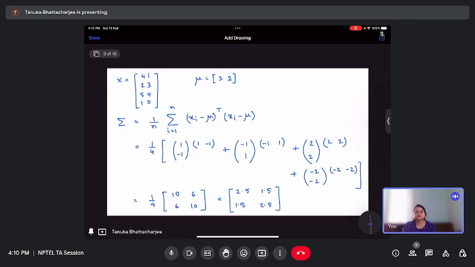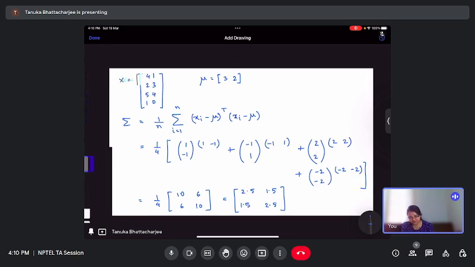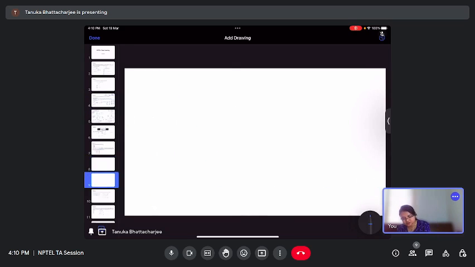Now the next step is to find the eigenvalues and eigenvectors of this covariance matrix, and the eigenvectors will actually be the principal components. So we have to find the unit vectors along those principal components. Let us first find the eigenvalues. For finding the eigenvalues, we take the determinant of the matrix 2.5 minus lambda, 1.5, 1.5, 2.5 minus lambda and make it equal to 0.